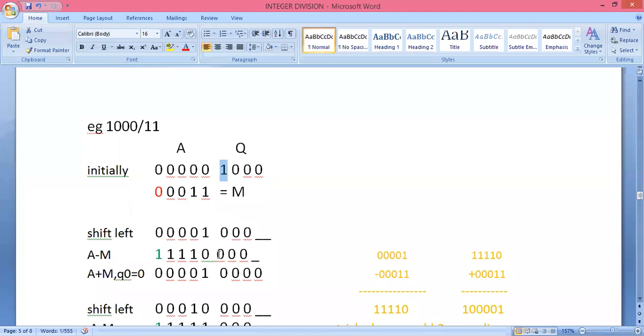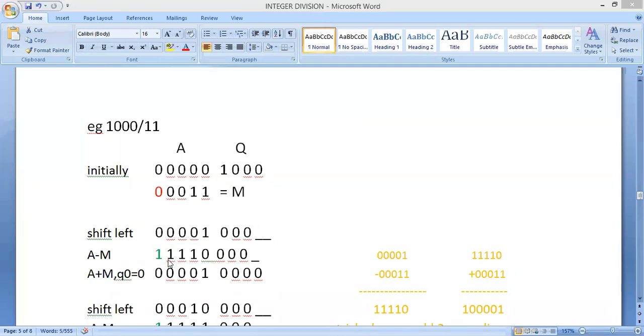A minus M. After getting A minus M, I am getting this result, and I am storing the result back in A. Therefore 1 1 1 1 0 is the result that I am getting. And Q remains as it is.